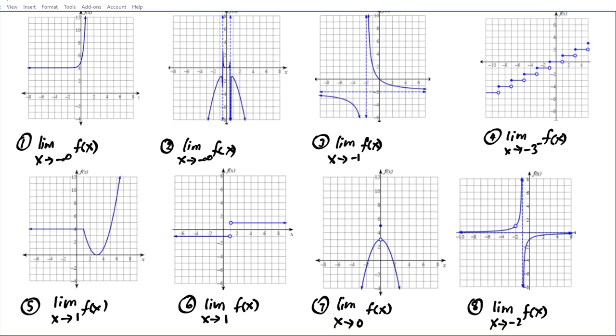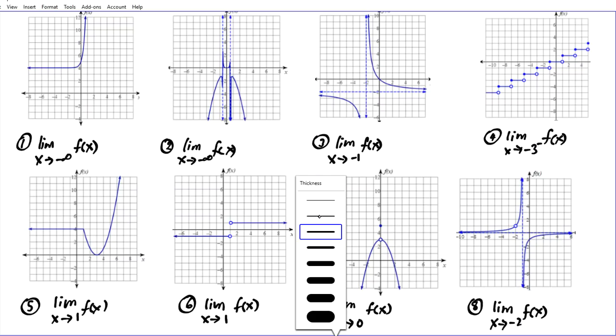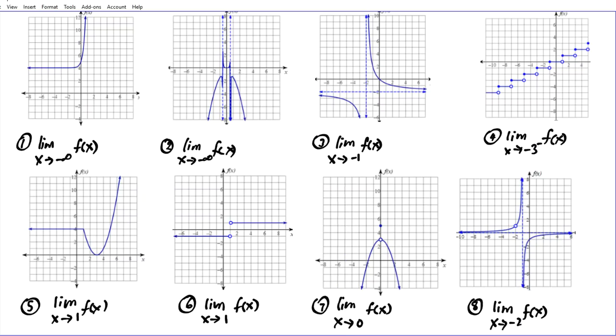Alright, hopefully you have had a chance to try out these examples. The answers are as follows. For question 1, the answer is 4. For question 2, it's going down to negative infinity. Question 3, it's 2.